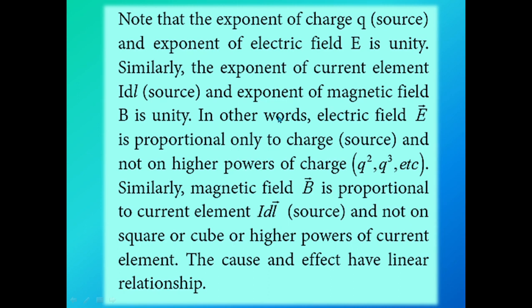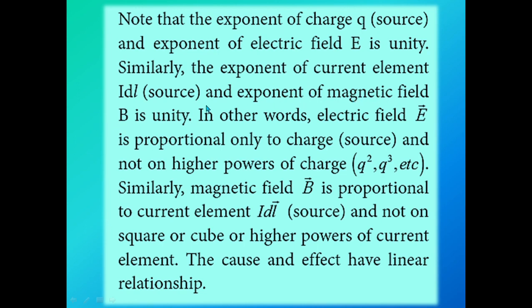The last one: note that the exponent of the charge Q source and the exponent of the electric field E is unity. Similarly, the exponent of the current element I dl source and the exponent of the magnetic field B is unity.